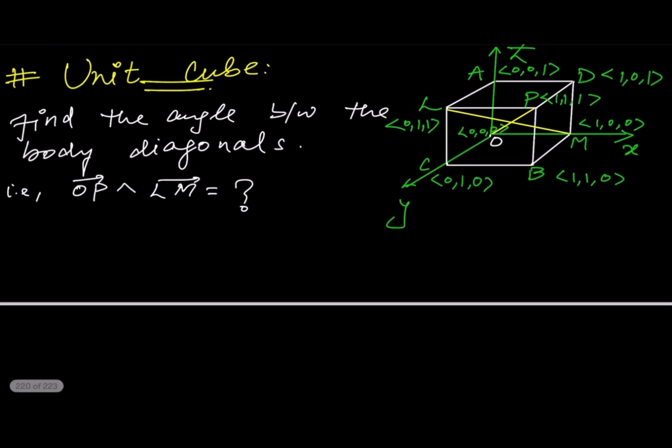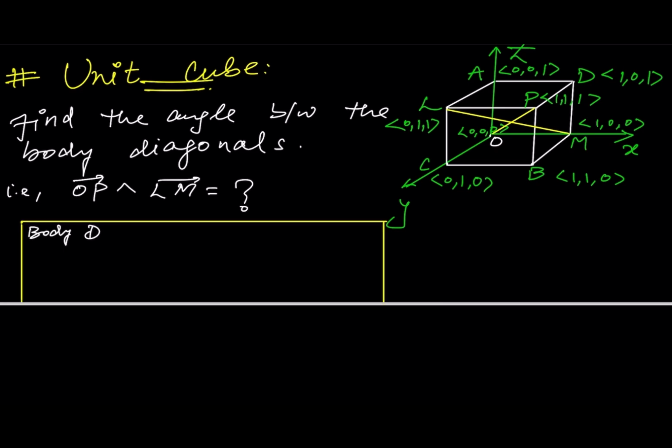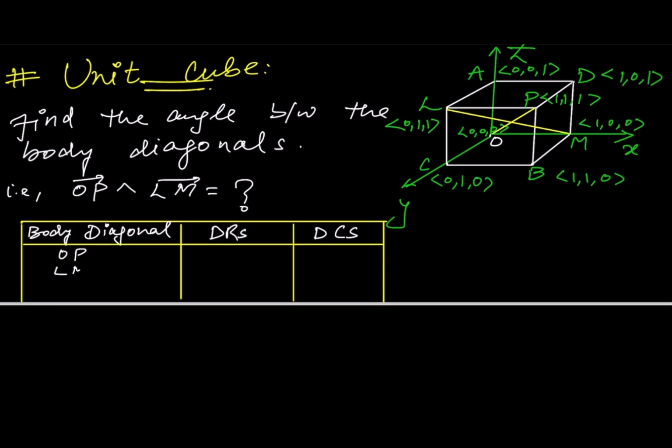For this I am making a table: column 1 body diagonal, column 2 DRs, and column 3 DCs. The first body diagonal is OP, second is LM, third is CD, fourth is AB.